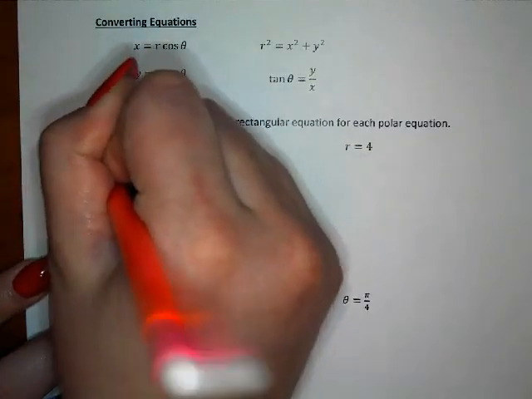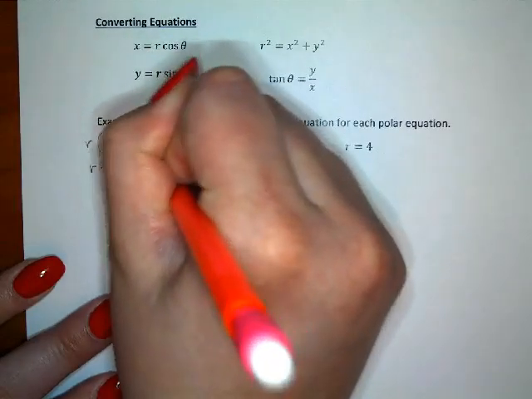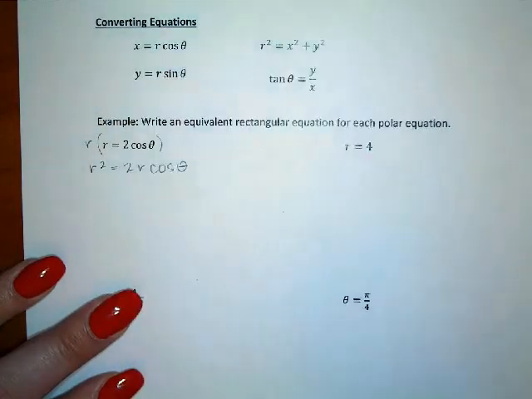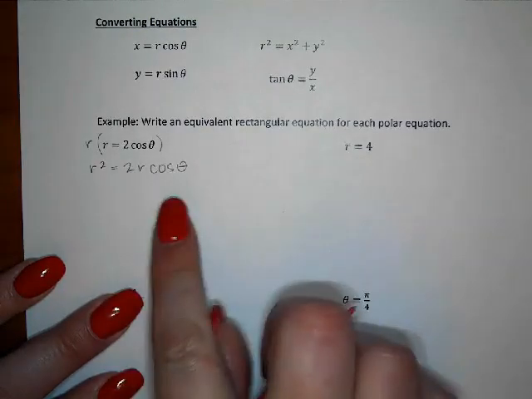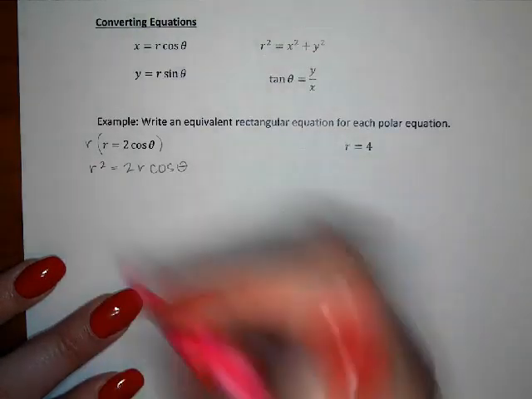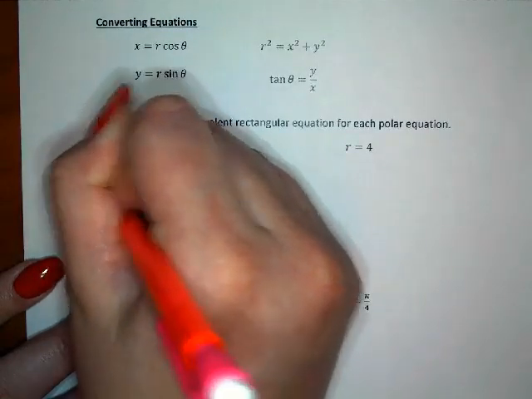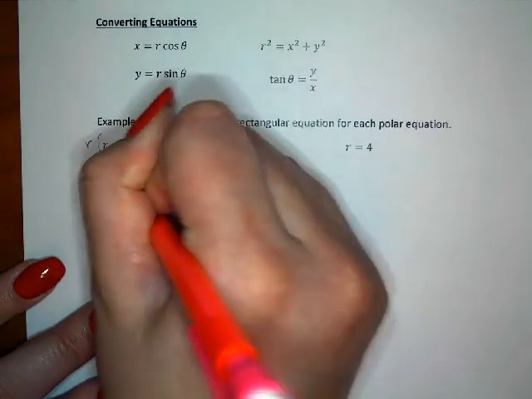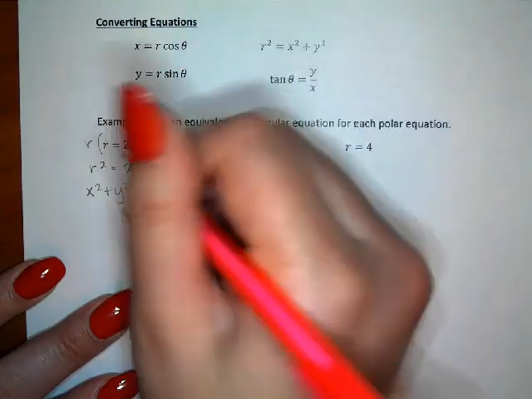So the left side is going to become r squared, the right side is going to become 2r cos theta. And then I can convert it into rectangular and get rid of all of the r's and all of the thetas. R squared is going to become x squared plus y squared. And r cos theta is going to become x.